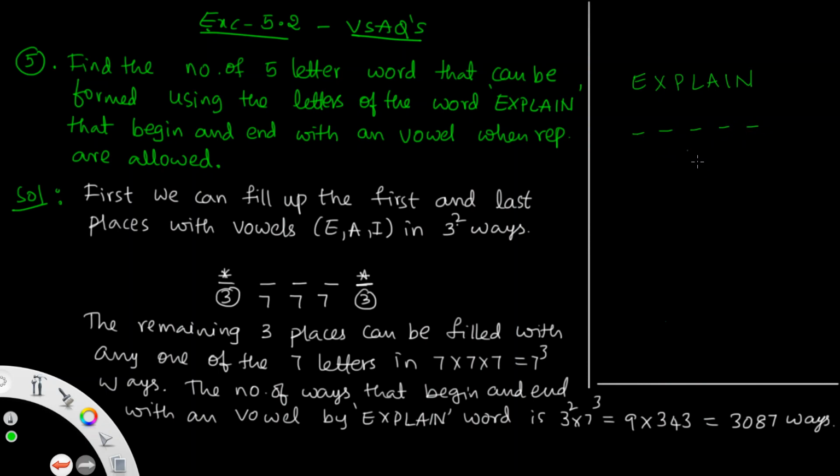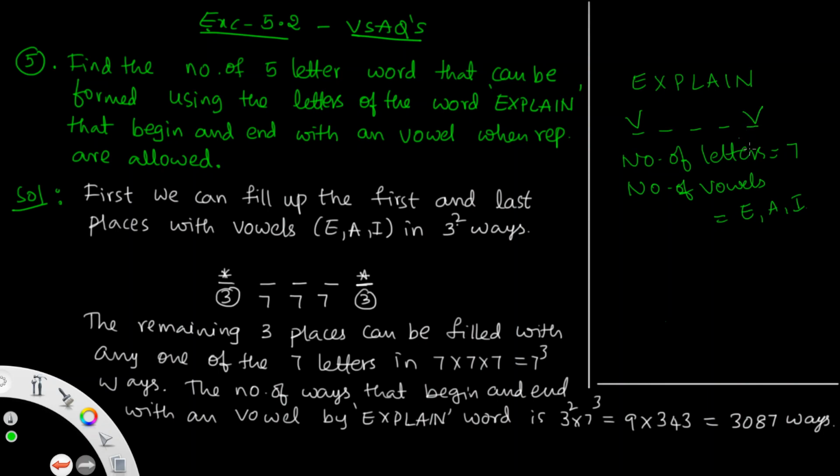Here the total number of letters is 7, and the vowels are E, A, I. So the first place can be filled with a vowel and the last place can be filled with a vowel.